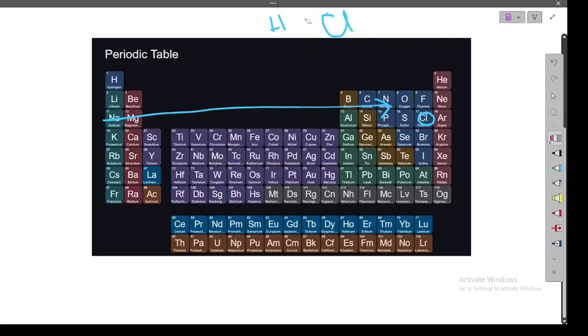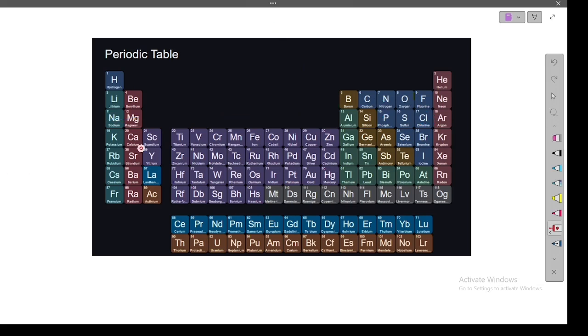Now let's talk about ionization energy. Ionization energy is the energy needed to remove an electron from the outermost shell of an element. So, from left to right, ionization energy increases. So, if we take the third period here, we can see the first element is sodium.